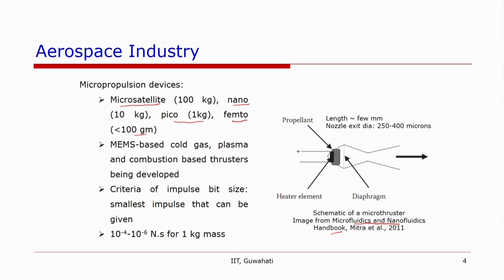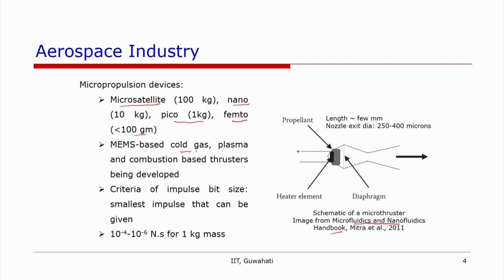And these satellites will have MEMS based thrusters, and these thrusters may be based on cold gas thrusters, plasma thrusters, or combustion based thrusters. Now one of the challenges in this is the impulse bit size, or the small amount of impulse that is required to control these small satellites.